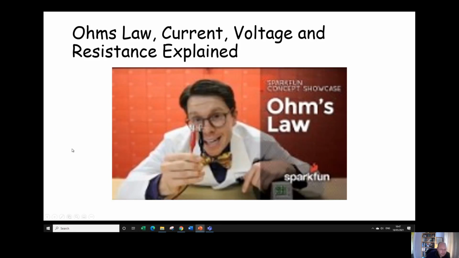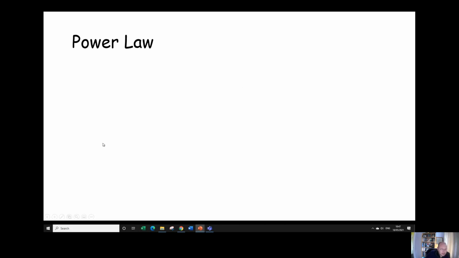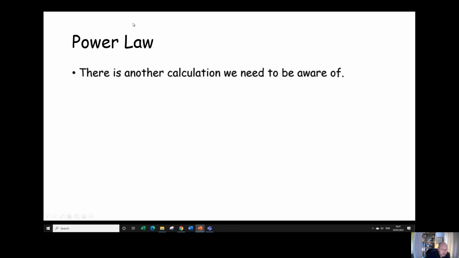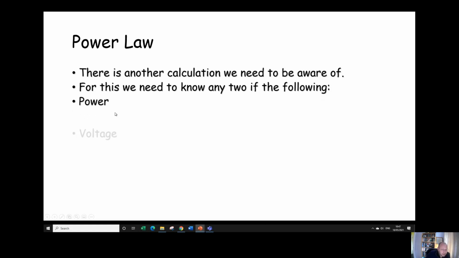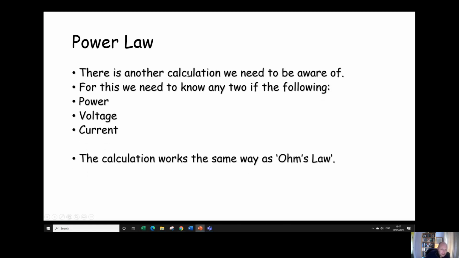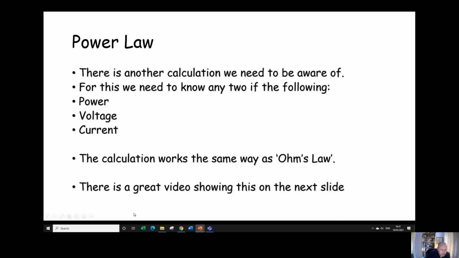The power law is another one we need to be aware of. If we know any 2 of power, voltage, and current, we can work out the third using the same principle as Ohm's law. There are triangles to do this, and there's a very good video showing you how on the next slide.